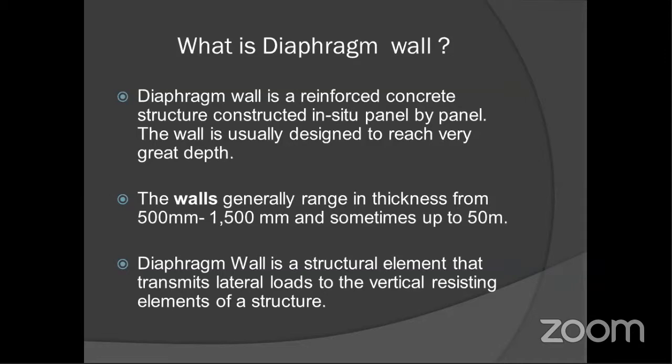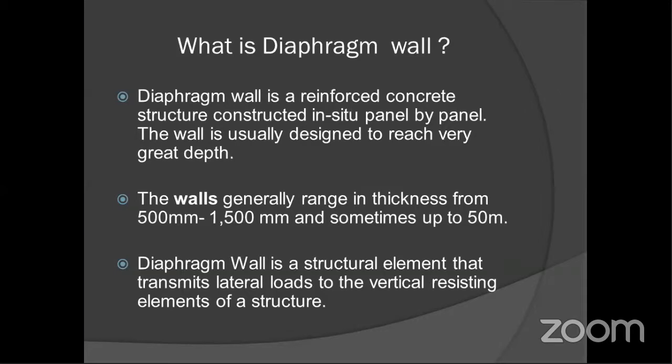The thickness of the wall ranges between 500 to 1500 mm, and we can go up to 50-meter depth. We calculate the depth based on the confirmatory borehole test, which we do before starting the D-wall erection.